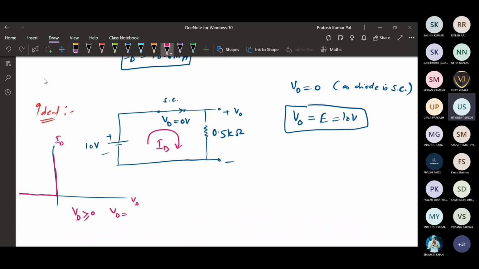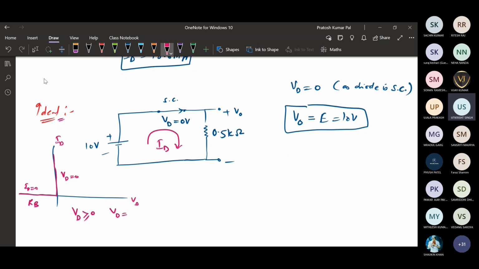The current will be 0 for whatever negative voltage we apply. So in reverse bias the current equals 0, but in forward bias the voltage drop equals 0 for whatever current flows. The current will be some finite value, but the voltage drop will be 0 for an ideal diode in forward bias.